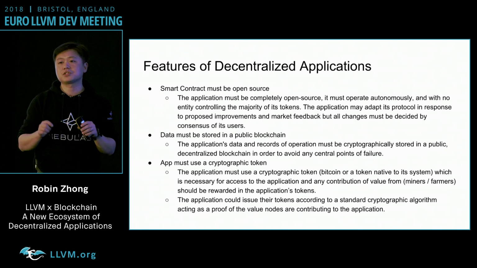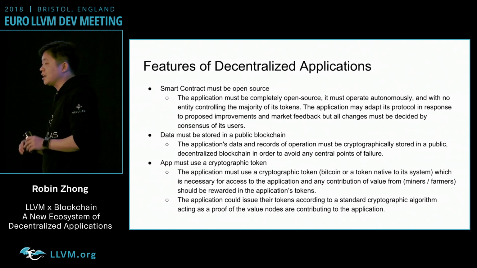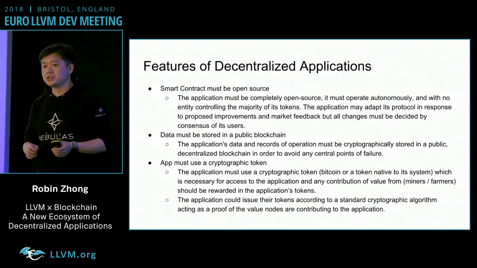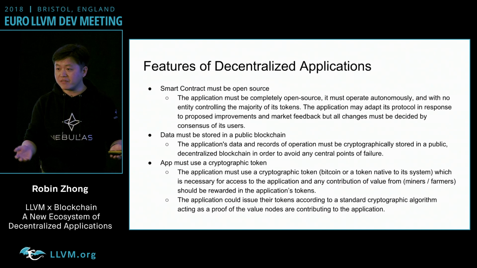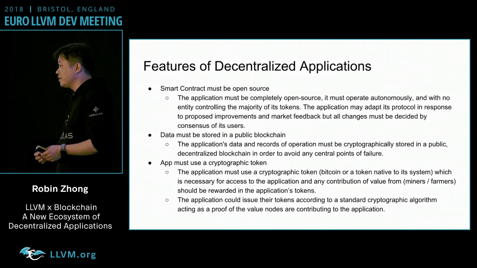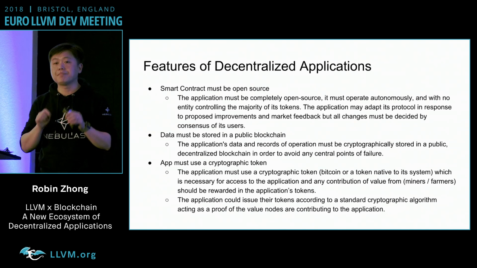All the data must be stored on the blockchain. It can't be stored at another place, some centralized server. We can't do that. We can't trust them, just like the privacy issue Facebook just encountered. So we should make the data open and public.